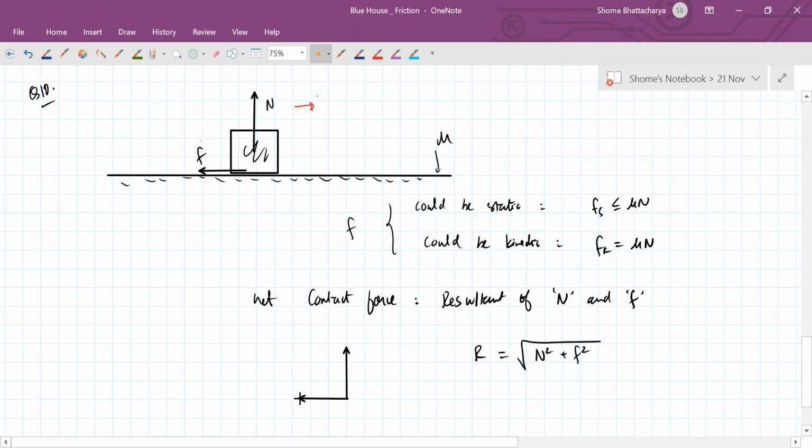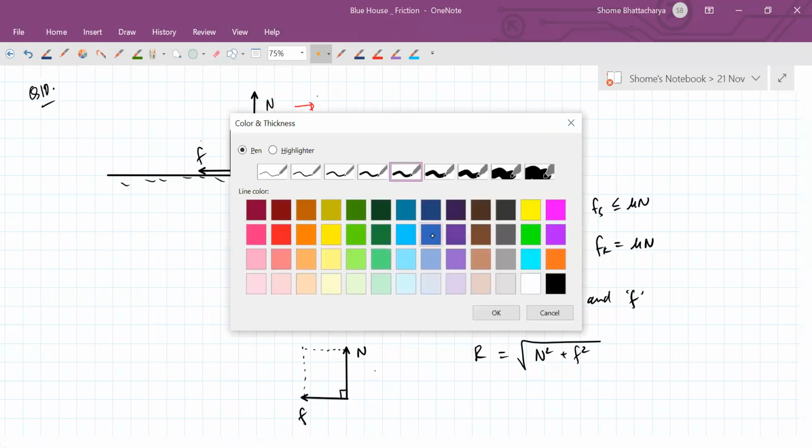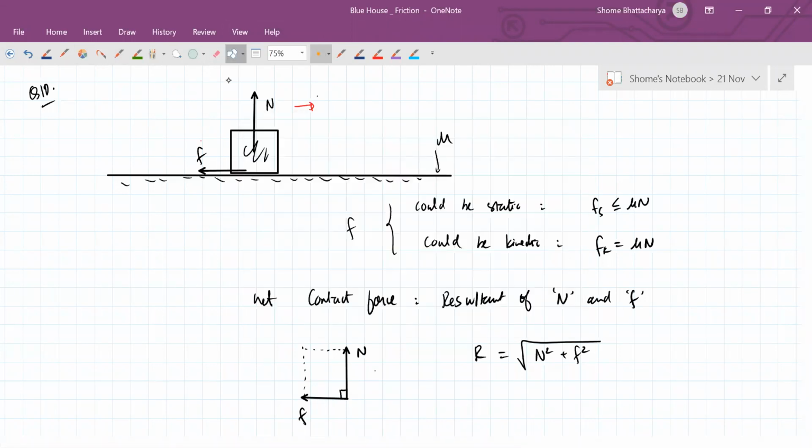Whether or not the object is moving, whether static or kinetic friction, always normal reaction and friction will be perpendicular to each other. That is one guarantee we have, because by definition normal is normal to the surface of contact and friction always acts tangentially to the surface of contact. So we know as a fact that these two forces are perpendicular to each other. That's why the net resultant force is this one.